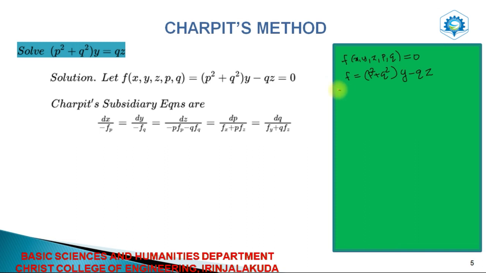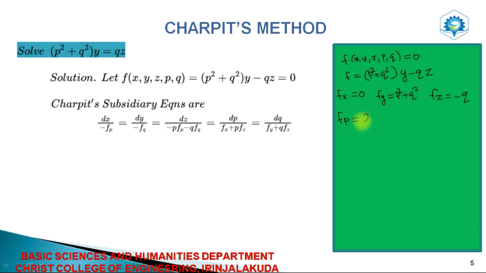So let us find fx first. What is fx? There is no term involving x here, so fx is 0. What about fy? Fy is p square plus q square. What about fz? Only one term containing z, which is qz, so the derivative is minus q. What about fp?